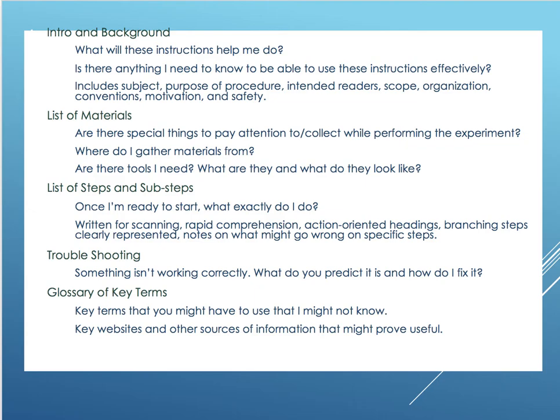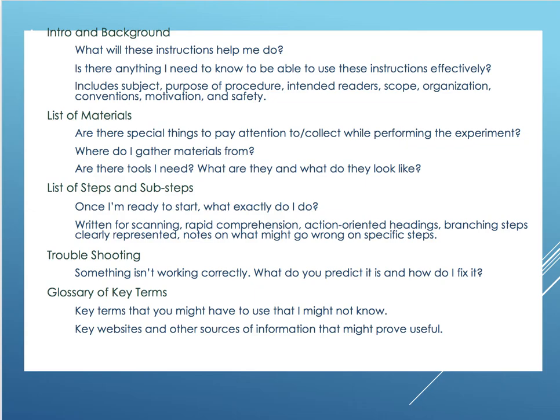Then the main part, the list of steps and sub-steps. Once I'm ready to start, what do I do? Be sure that this is written for scanning and rapid comprehension, that the main steps are action-oriented headings, and that they branch out into sub-steps clearly.